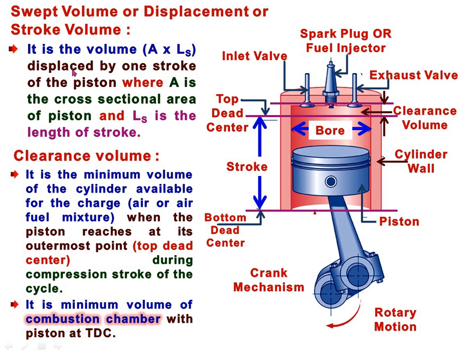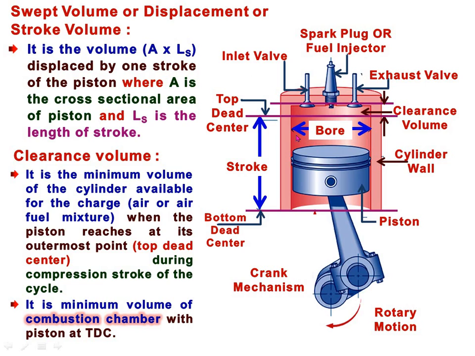It is the volume that is the area of the cross section of the cylinder times the length of stroke, LS, displaced by one stroke of the piston, where A is the cross sectional area of the piston and LS is the length of stroke.